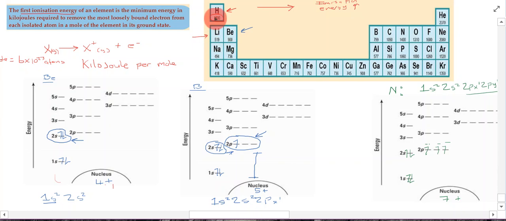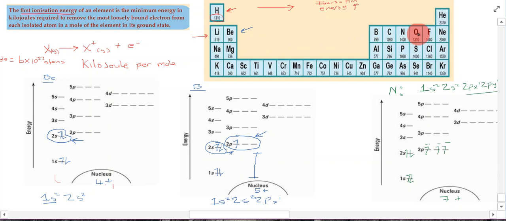As you move across a period from left to right, generally speaking, the ionization energy levels increase. The reason they increase as you move from left to right is because the radius of the atoms reduces.